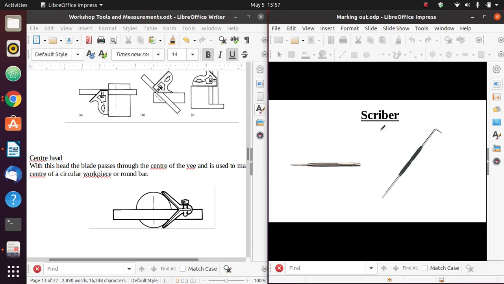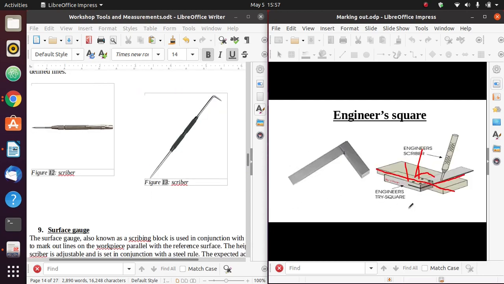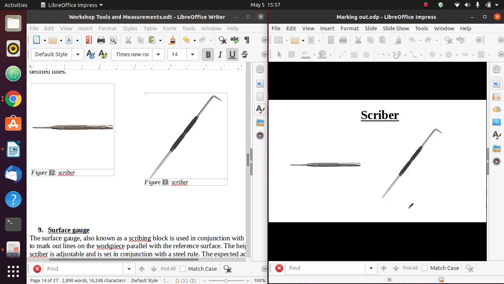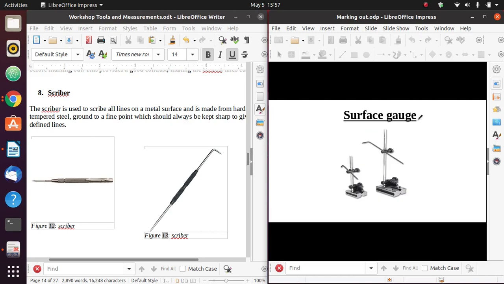Now these are the two most common that you'll find in the industry. This is a pocket scriber, and this is what we usually use mostly. The second one is the most common because it has this curved edge. We use this curved edge if you want to scribe lines that are not easily accessible. Kwa mfano, I have a workpiece and iko na slots ama iko na shimo.